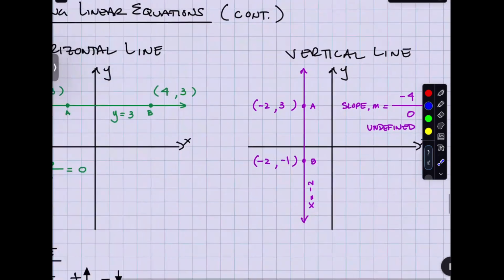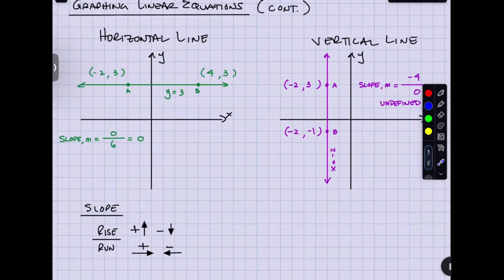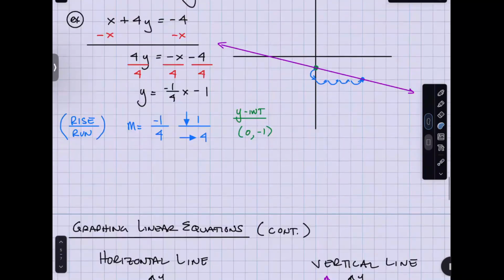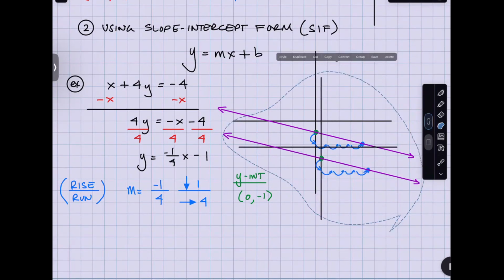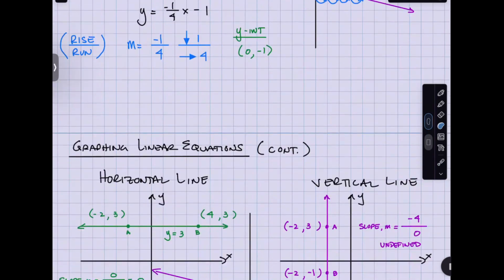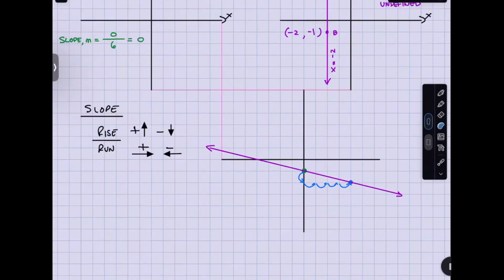Okay? Is that fair? So if I have a graph, I can always use rise over run to figure out what the slope is, right? Same thing up here. If I was to bring this graph and bring it down, right?